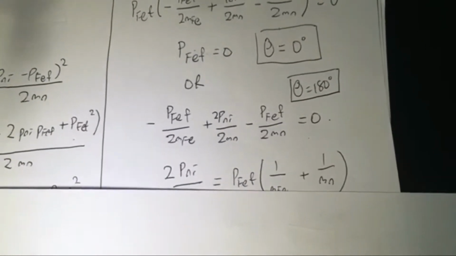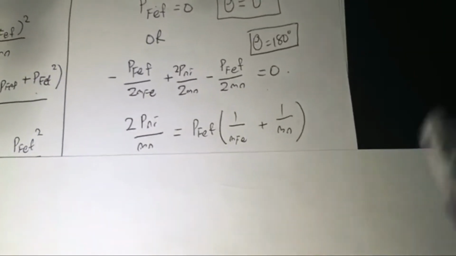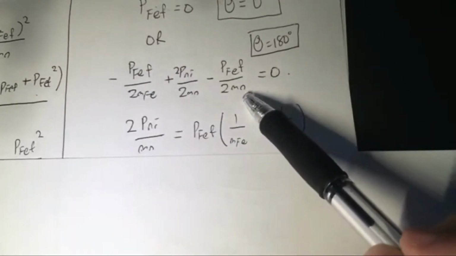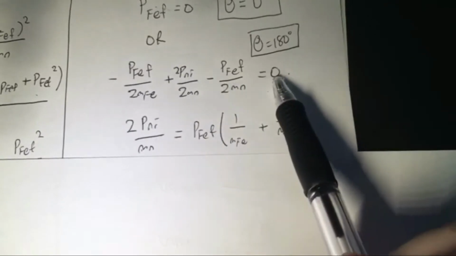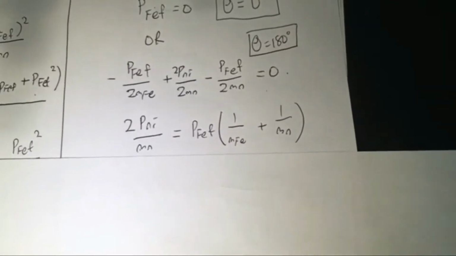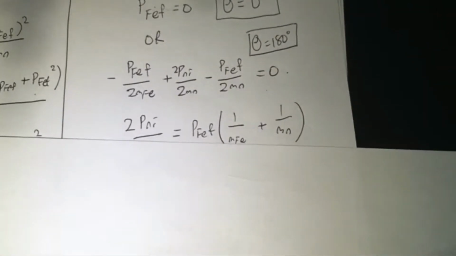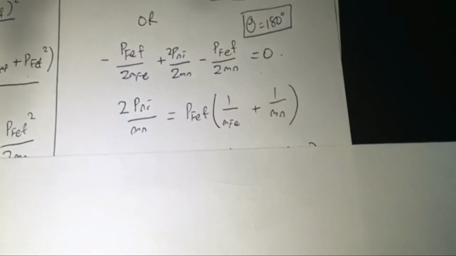We continue simplifying the expression. Let's multiply throughout by 2, and we bring the Pfef terms to the right hand side. That's all we are doing over here, nothing more.